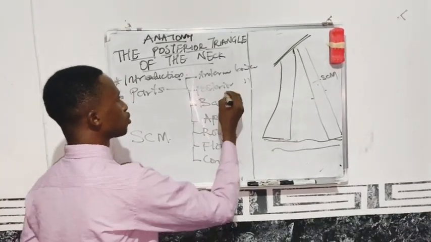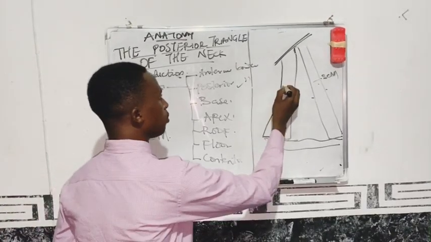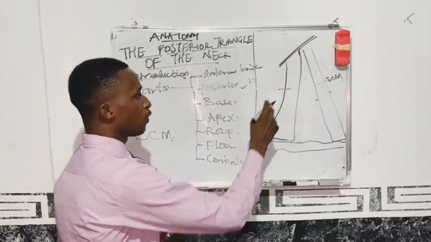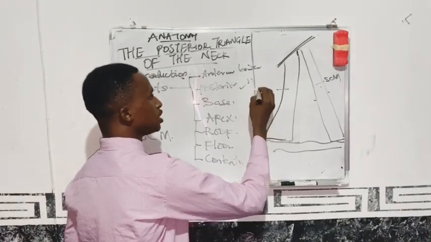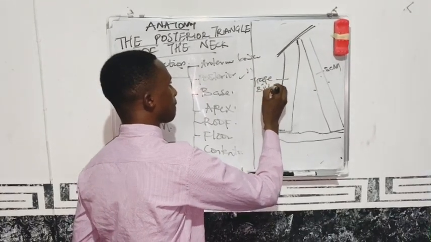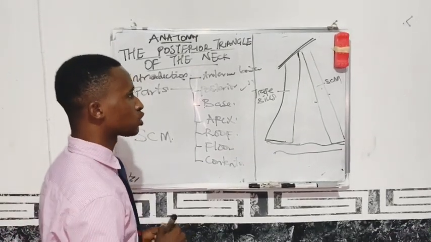With that, we move to the posterior border or the posterior boundary. This is the posterior border of the posterior triangle of the neck. It is formed by this muscle called the trapezius. The trapezius muscle has two borders.